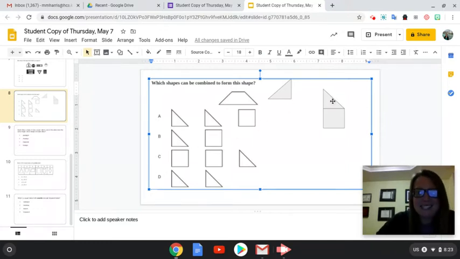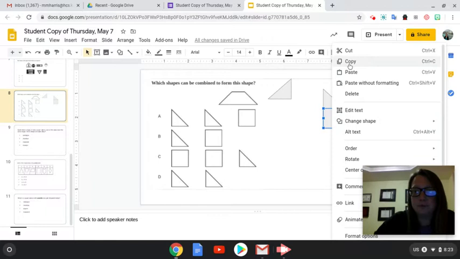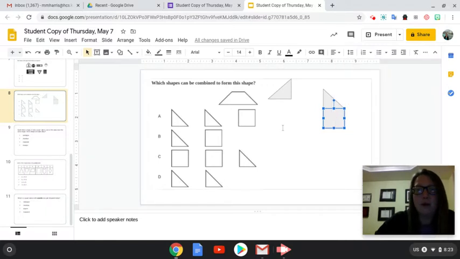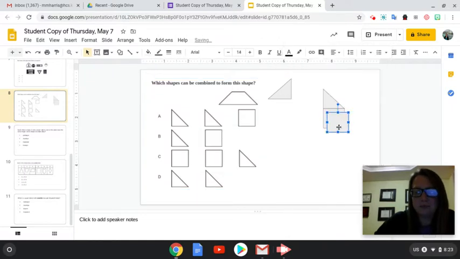And C, if I had two squares and one of the triangles, could I make it?